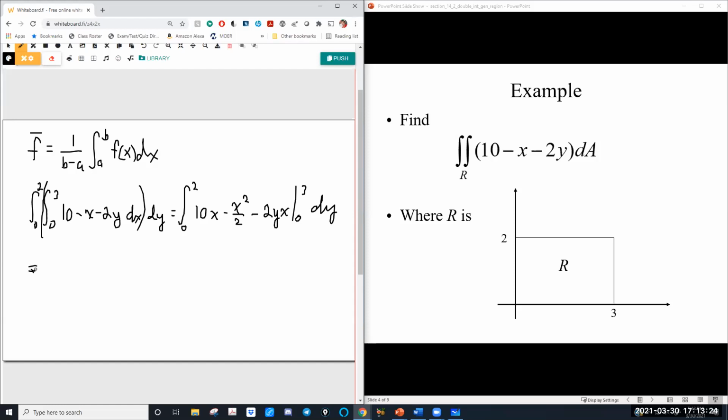Before you do the integral with respect to y, you've got to finish off your fundamental theorem, which involves putting your limits in. So we put in our 3 and then we'll put in our 0. For notes purposes, I'm going to put them all in. So we have 10 times 3 minus 3 squared over 2 minus 2y times 3.